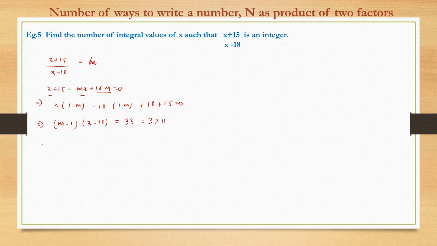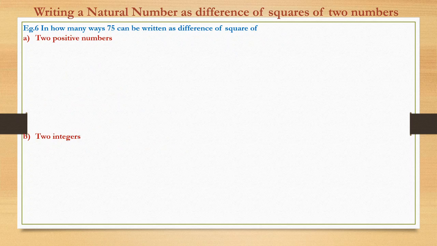So the ordered pair (m, x) would be how much, 2 times the number of factors of this number, which is nothing but 2 into 2, which is 8. So 8 is a solution to this equation, right?